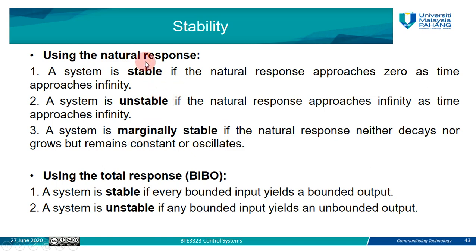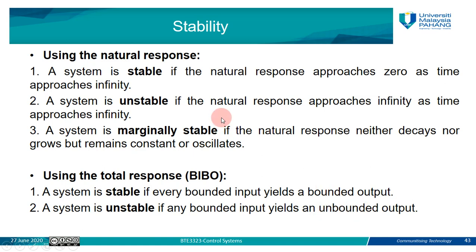The second way to determine system stability uses the total response, which is based on bounded input, bounded output. The system is stable if every bounded input yields a bounded output. For every input we apply to our system, we get a specific output. The system is unstable if any bounded input cannot yield a bounded output, that is, it gives an unbounded output.